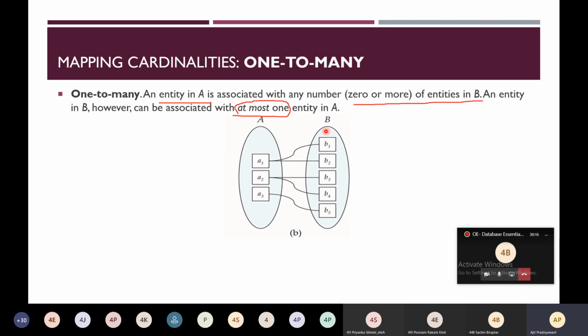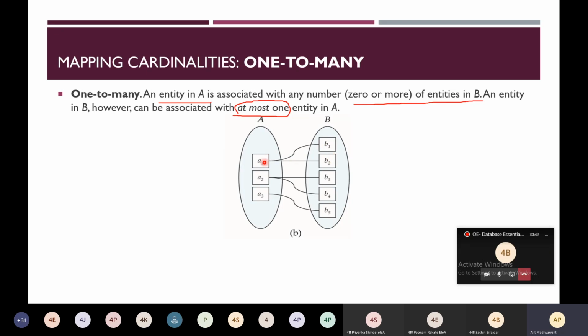In this one-to-many, an element present in the entity set A is associated with 0 or more. Here, A1 is associated with B1 and B2. This one entity A1 is associated with many entities in entity set B, B1 and B2.